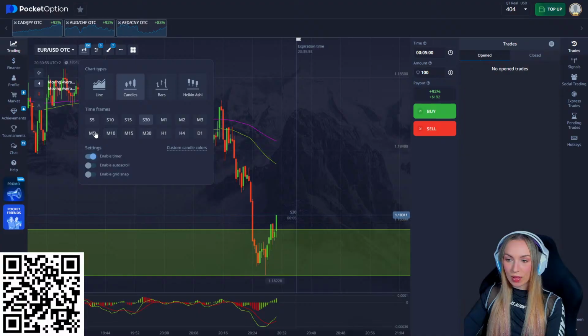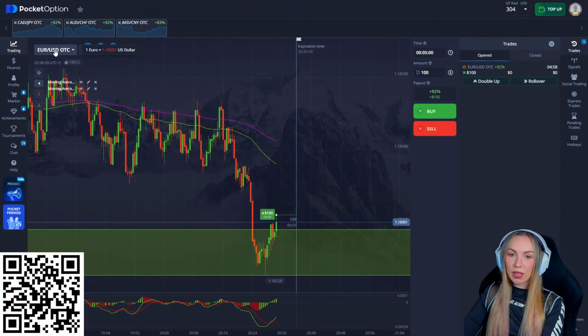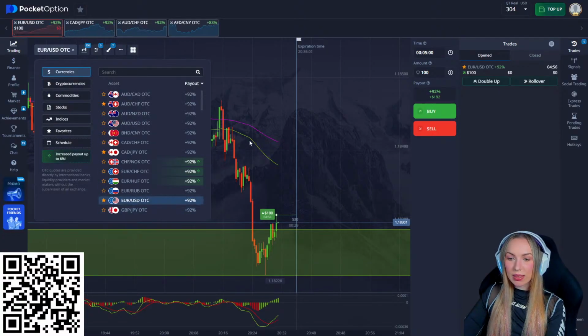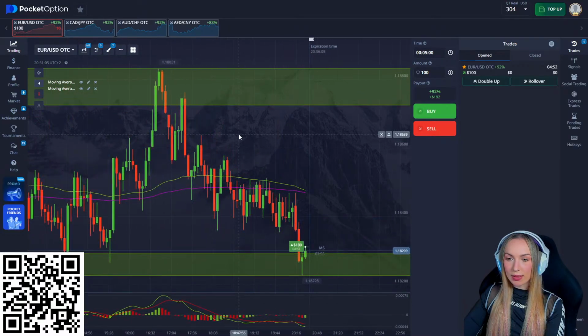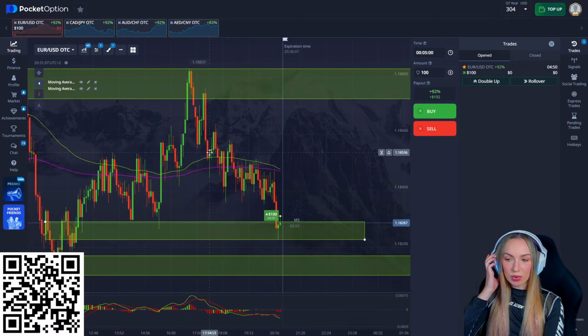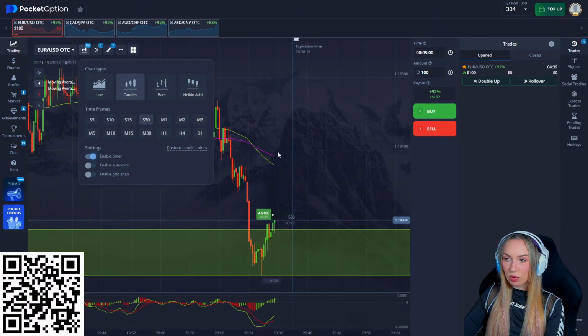So maybe let's open for 5 minutes in the upward direction. Euro dollar, 5 minutes in the upward direction. I entered. Let's go. I hope that it will go up and not down, because look how good it went here up, also here. So maybe the same situation will happen also there.